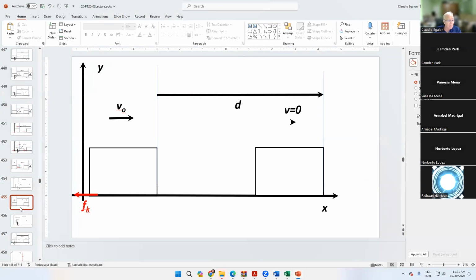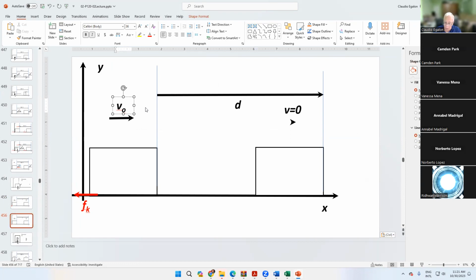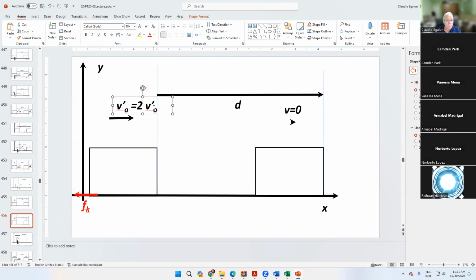We have the situation, and then we have the second situation, in which the new initial velocity is going to be twice V naught. Twice V naught. Like that.